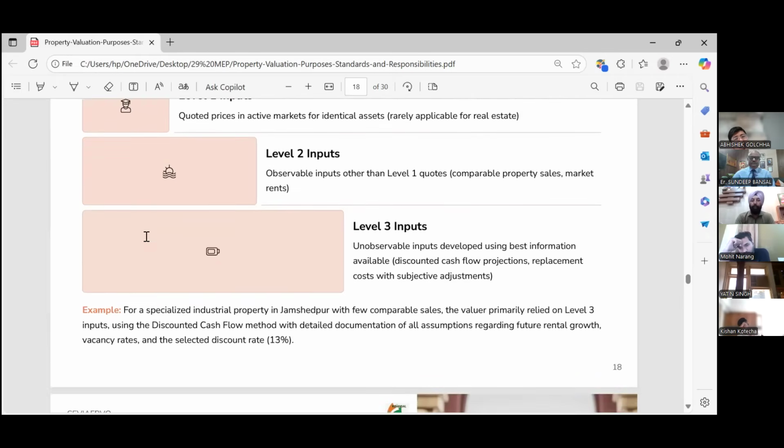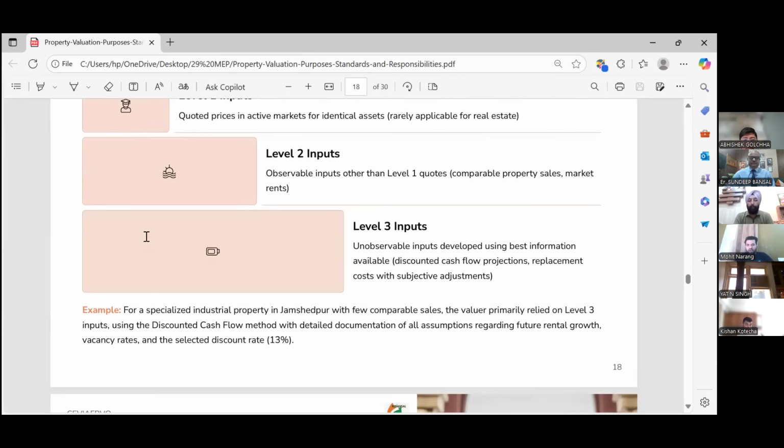And level 3 inputs are unobservable inputs developed using the best information available, such as discounted cash flow projections, replacement cost with subjective adjustment, etc. So these things are unobservable. So you must be conversant with all 3 levels of input.